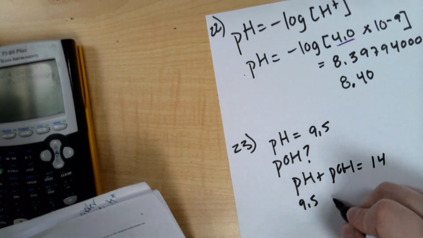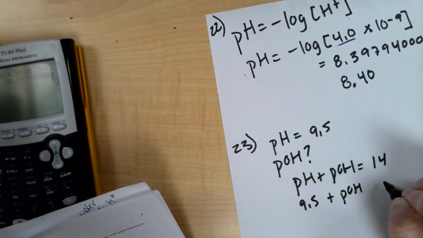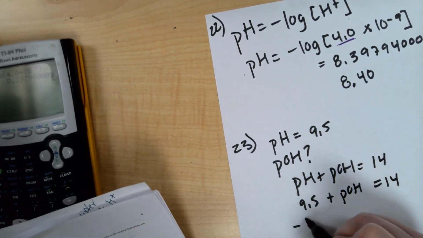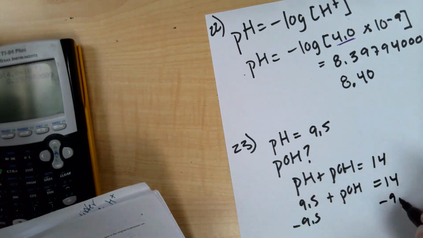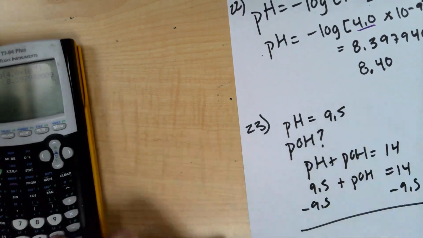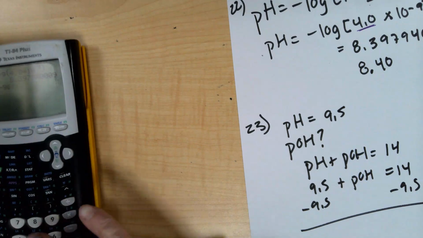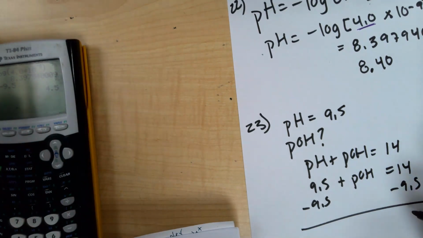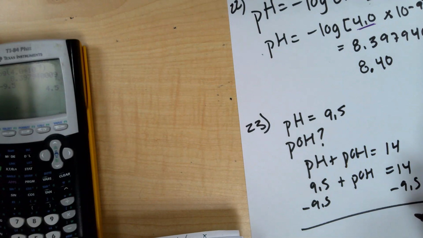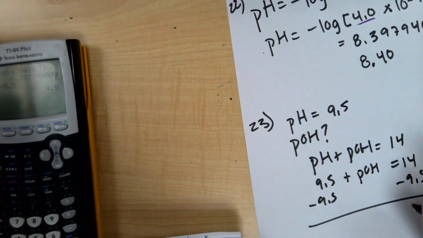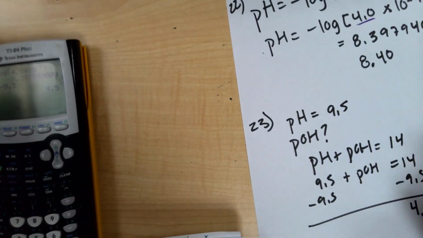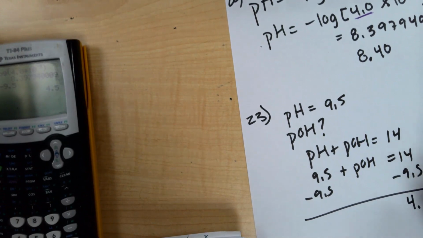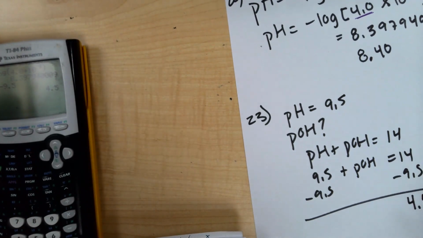So we have 9.5 plus the pOH equals 14. So we have to subtract 9.5 from each side. I don't know why I did that on the calculator; I could do that in my head. But we end up with, technically, just 4.5.